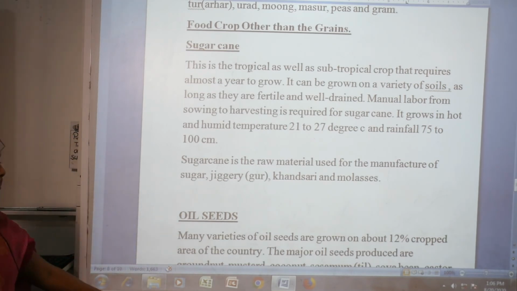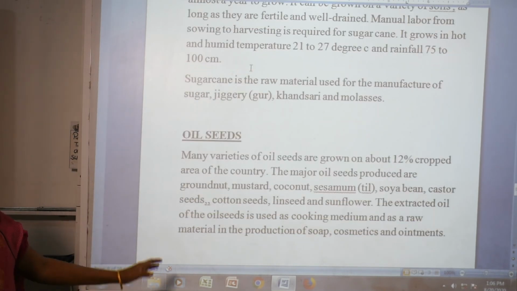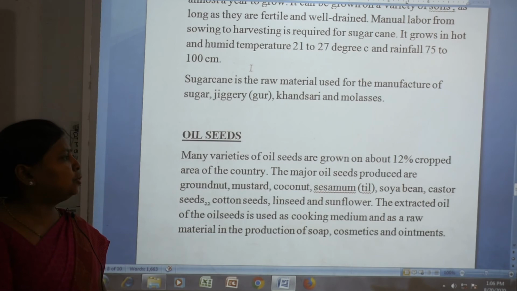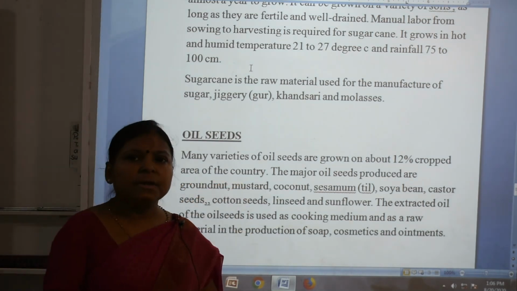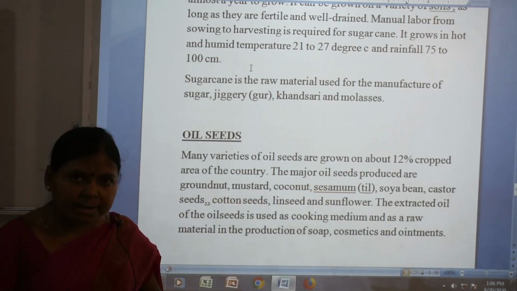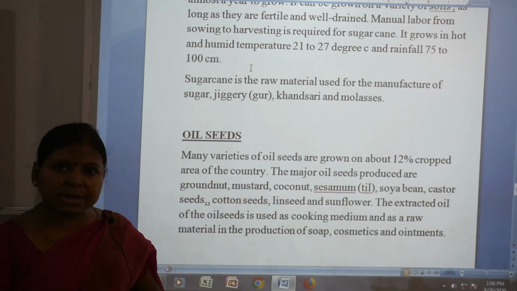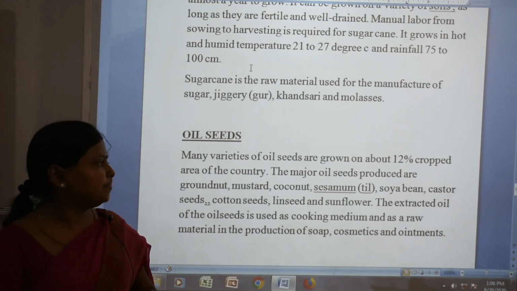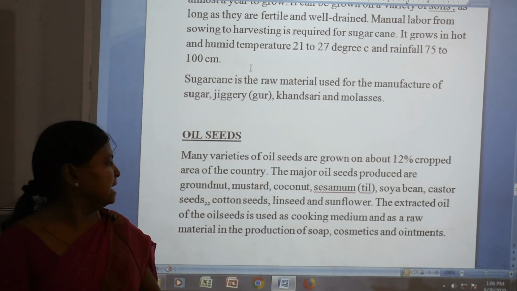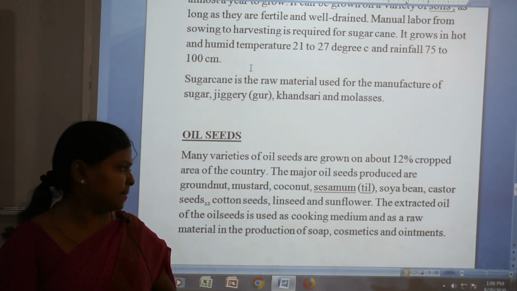Oil seeds. Now, many varieties of oil seeds are also grown in our country, and they cover about 12% of the cropped area of the country. The major oil seeds produced are groundnut, mustard, coconut, sesame, til, soybean, castor seeds, cotton seeds, linseed and sunflower.